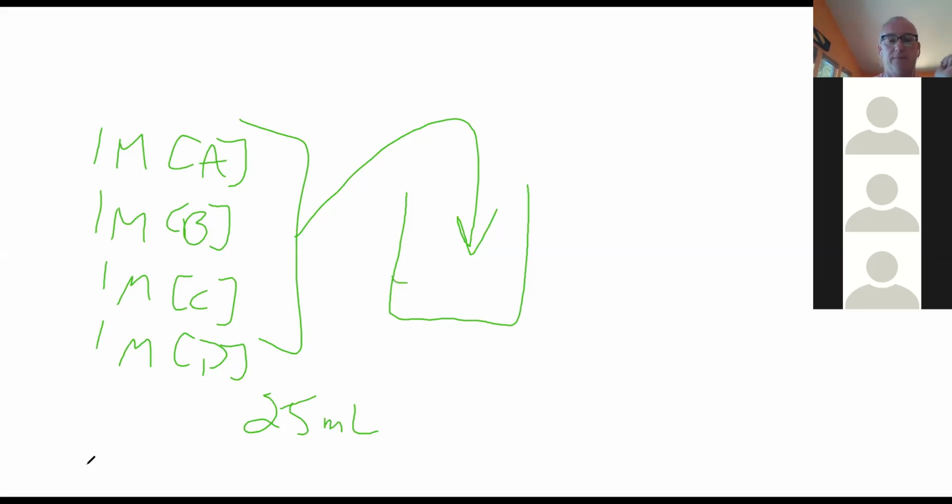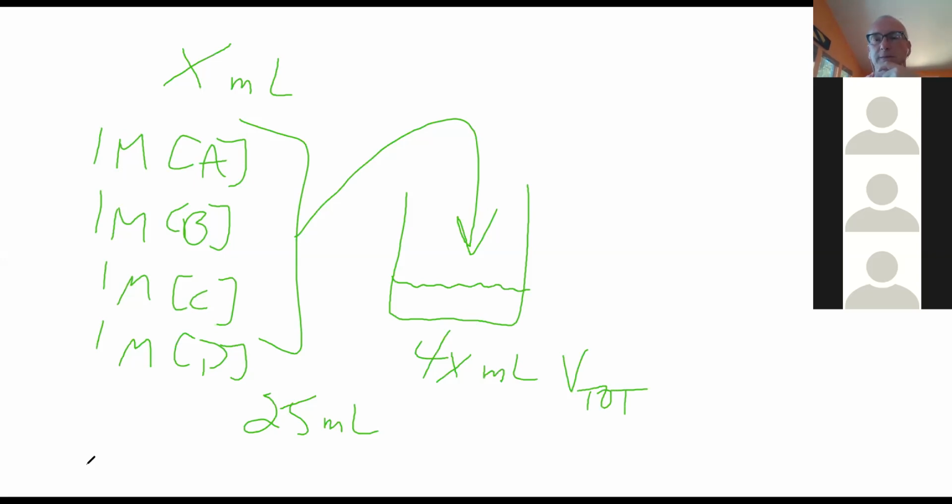So here I've added X mils of each one, and now I have 4X mils volume total. What are my new concentrations?